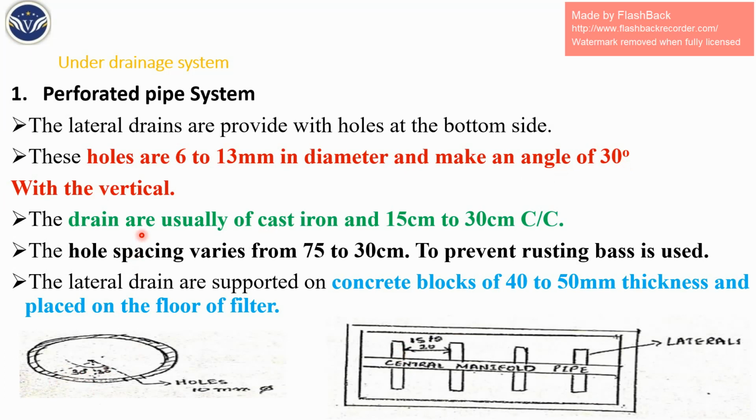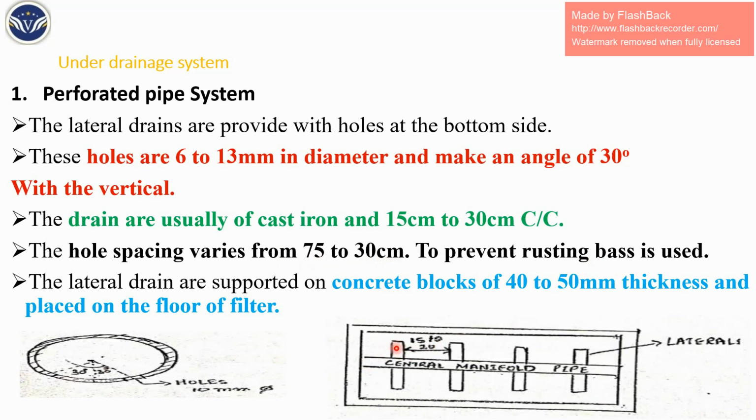Usually it is made of cast iron, and the center to center spacing is between 15 centimeter and 30 centimeter. The hole spacing, that is, the spacing of the holes which are bored, is between 75 mm and 30 centimeter. To prevent rusting, brass material is used in this part.